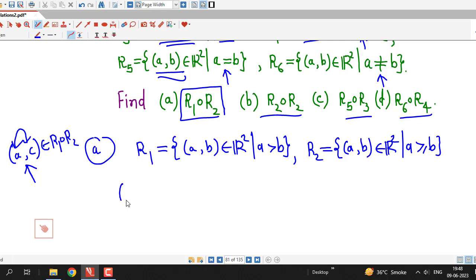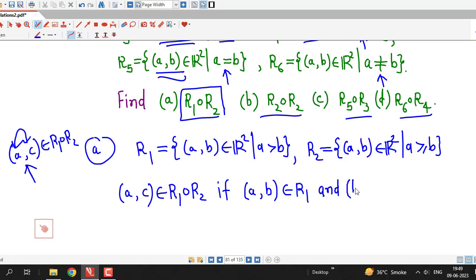So we know that the ordered pair (A, C) is in the composition of R1 and R2 if there exists some real number B such that (A, B) is in R1 and (B, C) is in R2.